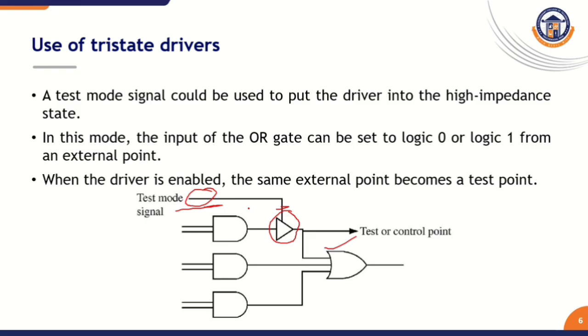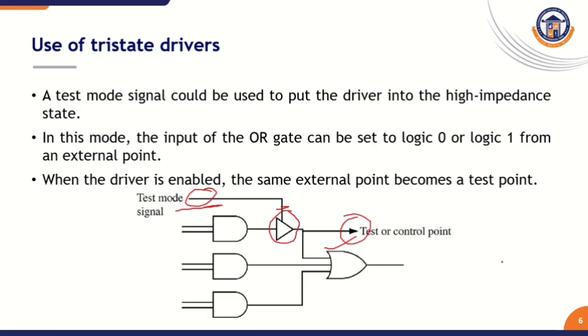So for this XOR gate, we can set the value to either 0 or 1 through the tri-state concept. This mode signal acts as a test point, through which we can control and observe the points.